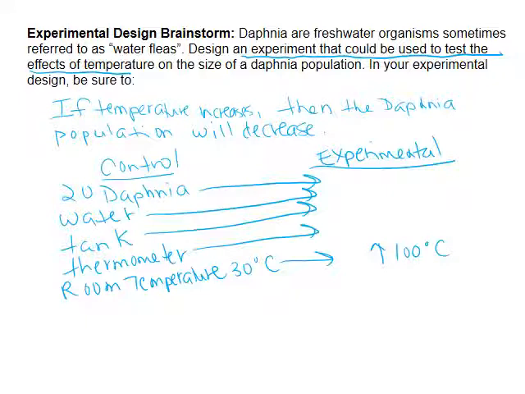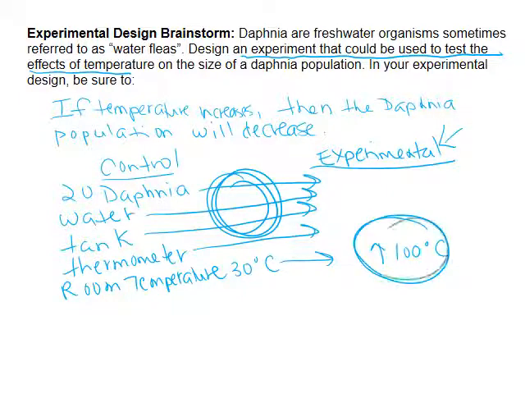Okay, so all of these factors that are in both groups, those are my constant variables. So if they asked me to identify some of the constants, I could have put 20 Daphnia, the water, the tank, the thermometer. All right, the independent variable is going to be how I manipulate the experimental group. So I changed the experimental group by increasing the temperature. So the IV in this experiment is temperature.